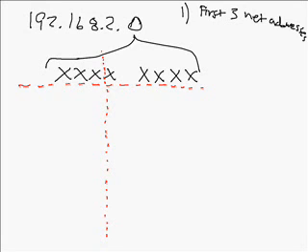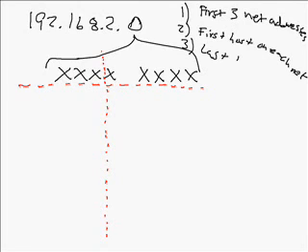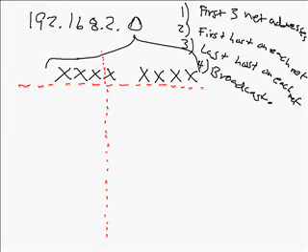And number 2, the first host on each network, the last host on each network, and the broadcast address on each network.